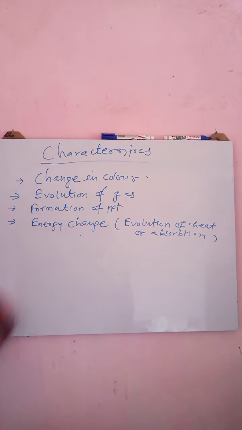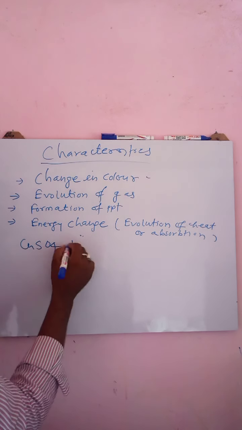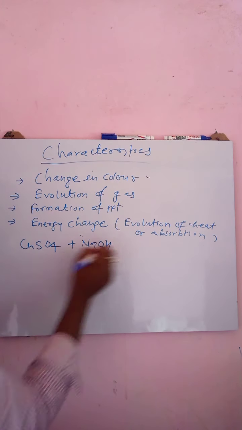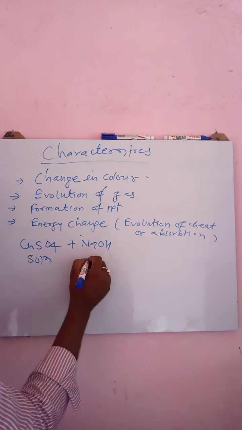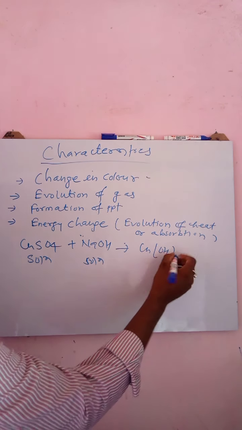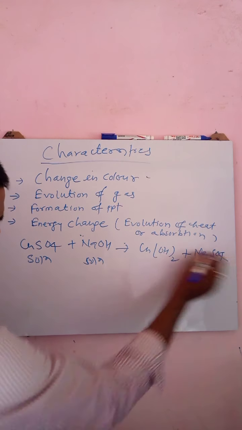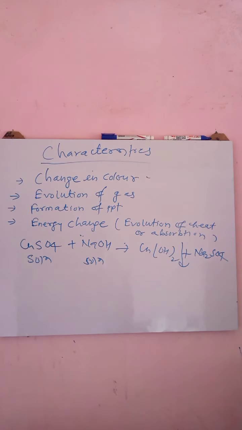Some chemical reactions are characterized by formation of an insoluble substance, that is precipitate. For example, when copper sulfate is treated with sodium hydroxide solution, it forms copper(II) hydroxide plus sodium sulfate. This reaction is characterized by formation of precipitate, copper(II) hydroxide.